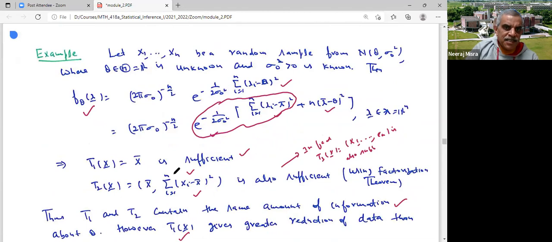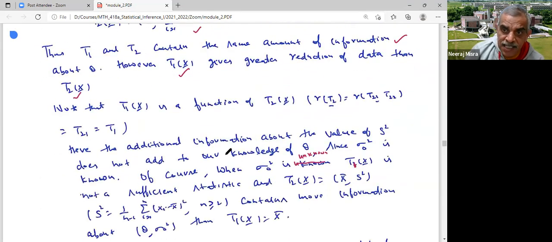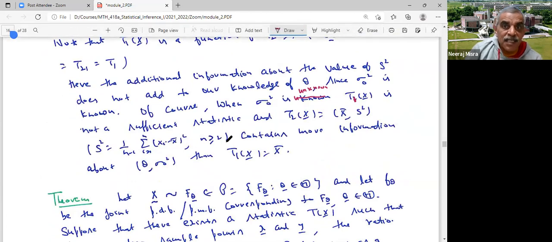We'll see that, because by the factorization theorem we cannot conclude that x bar is sufficient. Because sigma naught square is also unknown, I cannot separate it out as a known constant from the unknown parameter. In that case, x bar and summation xi minus x bar whole square will be sufficient. And we'll see that, in fact, when sigma square is unknown, T1(x) is not sufficient, and T2(x), equal to x bar and S square, contains more information about theta and sigma square than T1(x).